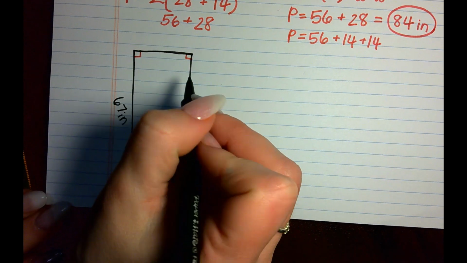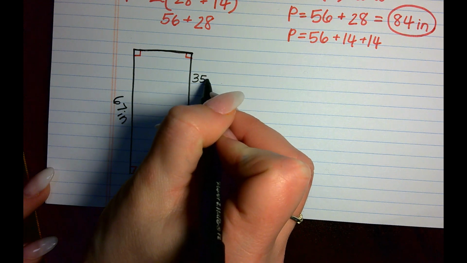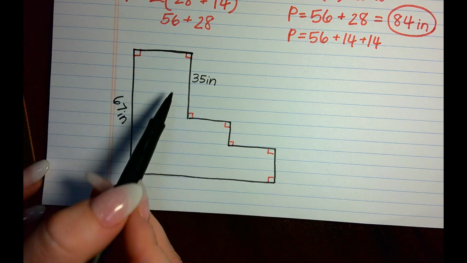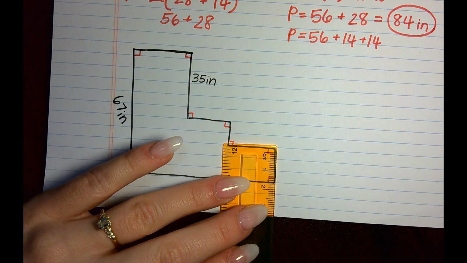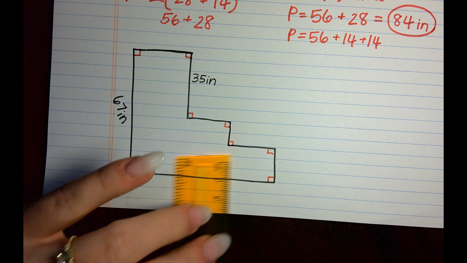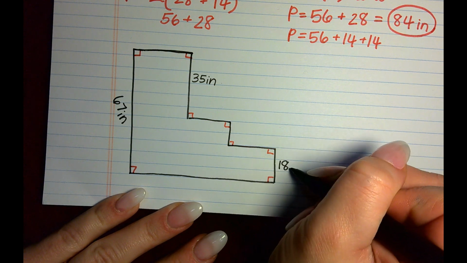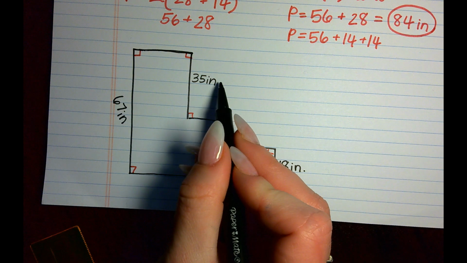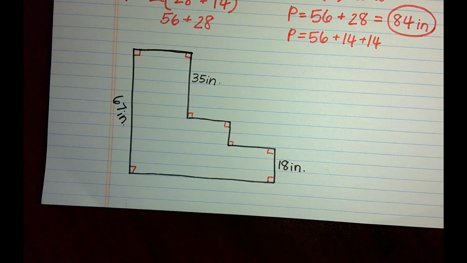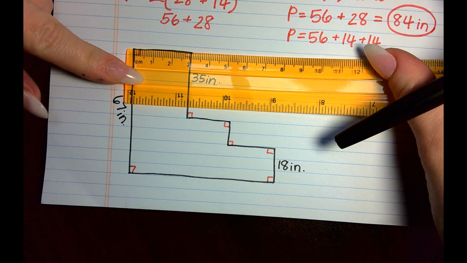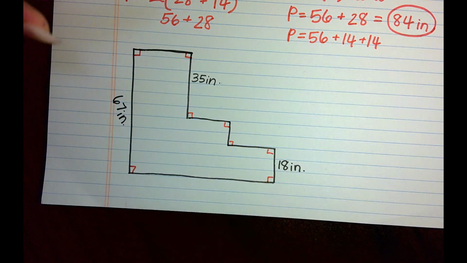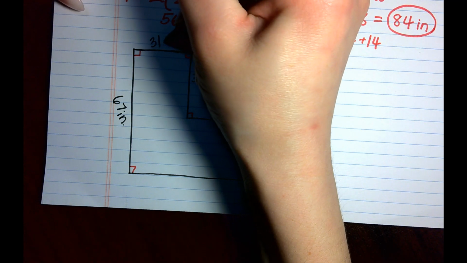This is 35 inches. Talking about this first step. And I'll say 18 inches. This one's a tricky one, like big time tricky. Then I'm gonna give you 3 more lengths. This will be 31 inches.